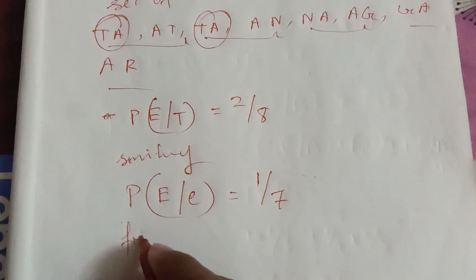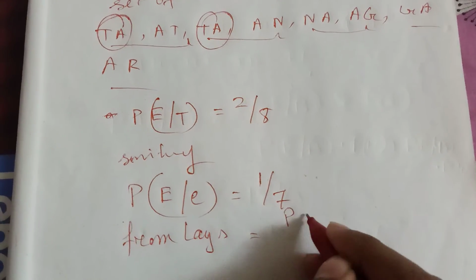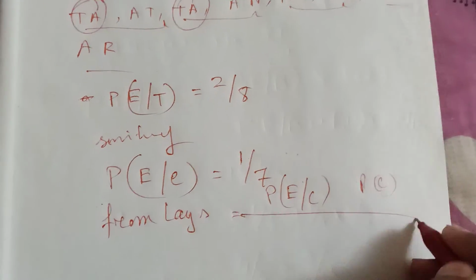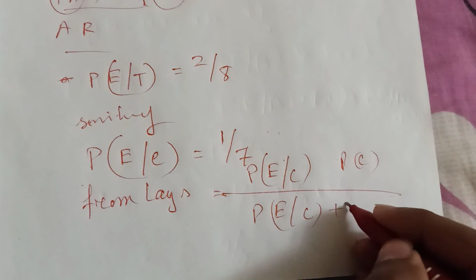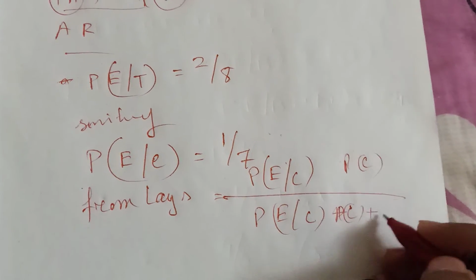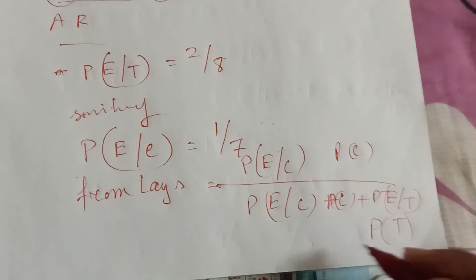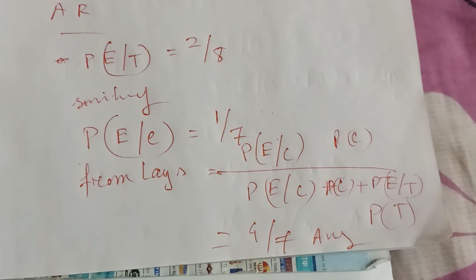So from Bayes theorem, the probability of C given E is P of E given C into P of C, divided by P of E given C into P of C plus P of E given T into P of T. You can calculate that 4 by 7 is the answer.